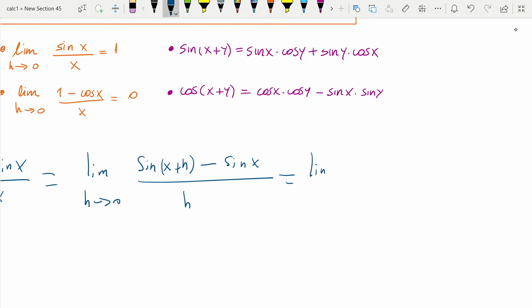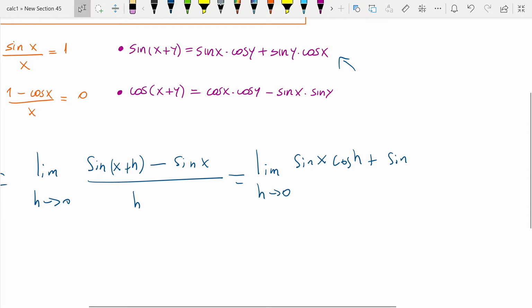So this is the same as the limit as h goes to 0 of sine of x plus h, which using this formula is going to be the sine of x times the cosine of h, and then plus sine of h, again y is equal to h, times the cosine of x.